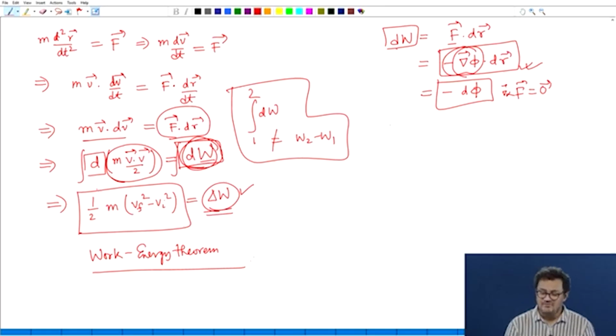And such force fields are known as conservative force fields.